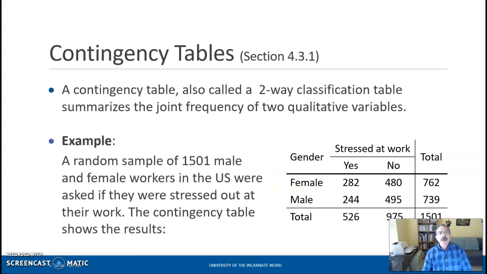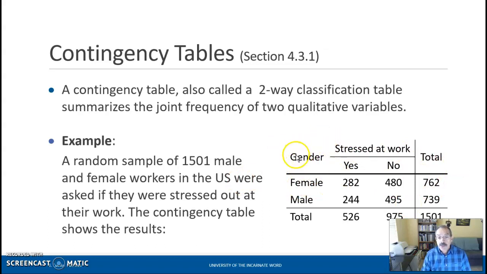All right, so a contingency table, or the book calls it a two-way classification. It also is called a cross tabulation of frequencies. In this example, a random sample of 1,501 male and female workers in the US were asked if they were stressed out in their work, and the results are shown like this.